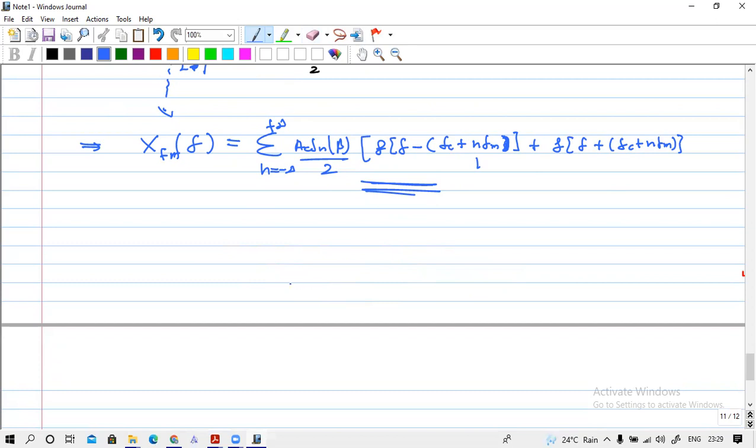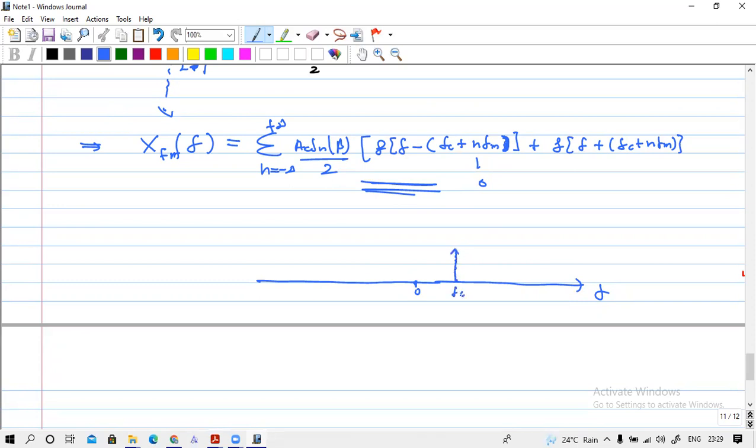So the first thing, this is with respect to f, this is the 0 point, okay. So let's take n as 0, then n is 0, this is delta f minus fc, okay. So one part is here, this is for n is equal to 0, okay.